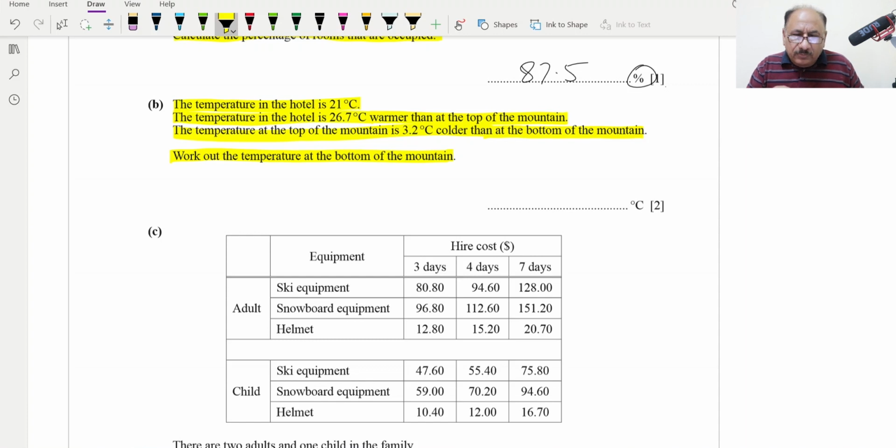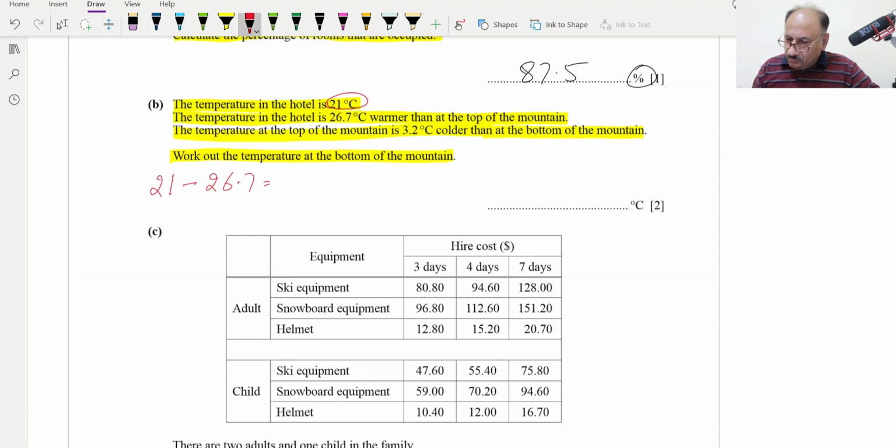So at the bottom of the mountain we have to calculate. We'll start with the temperature in the hotel, which is, sorry, 21 degrees Celsius. The hotel is 26.7 degrees Celsius warmer, so we will have to decrease this temperature by 26.7.